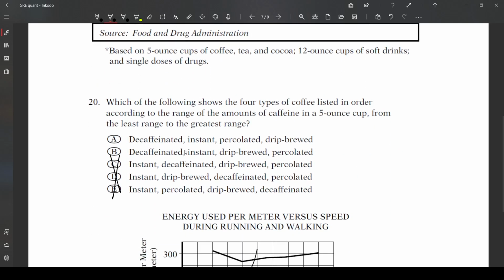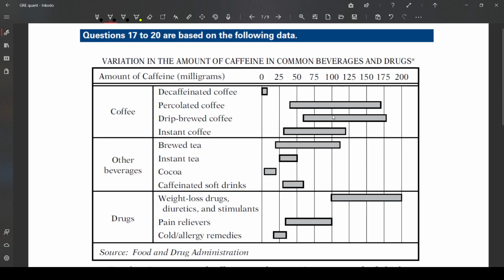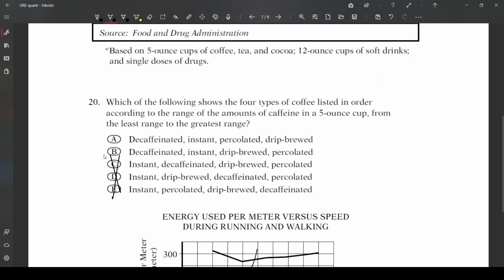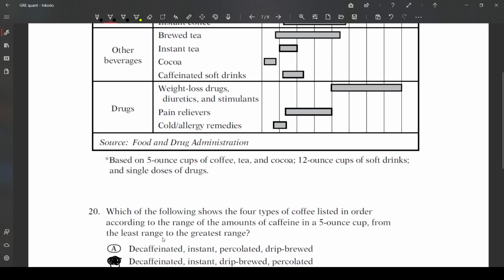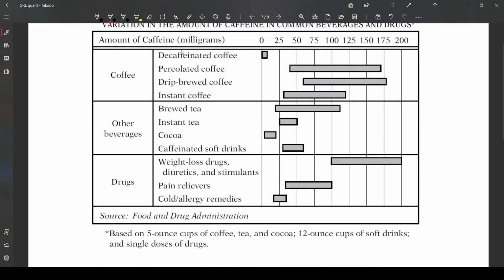Okay, so they have us beat on that one. Which of these? Okay, so this is like 60 to 180, so 120. This is like 40 to 170, so like 130. So I think percolated coffee is the most. That's really hard. I'm eyeballing that, but from least to greatest. Yeah.